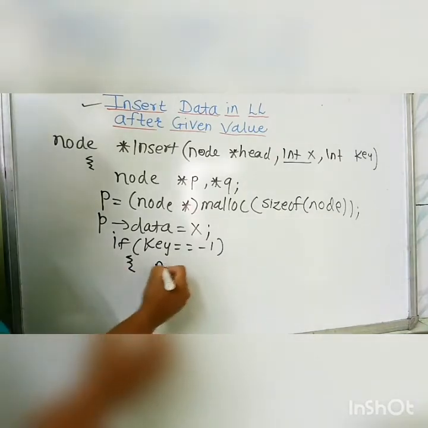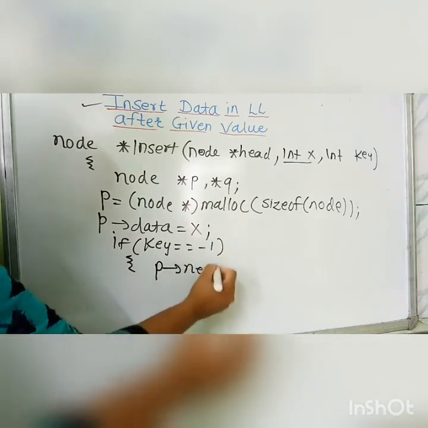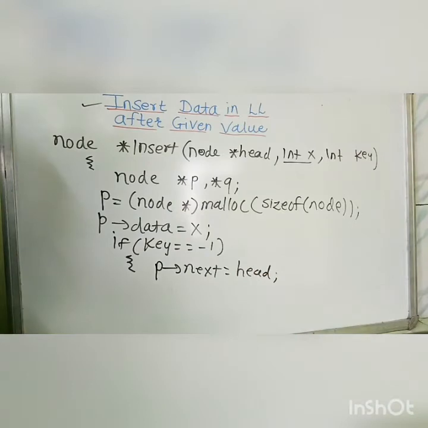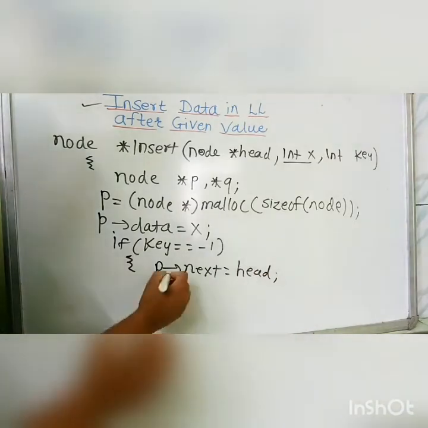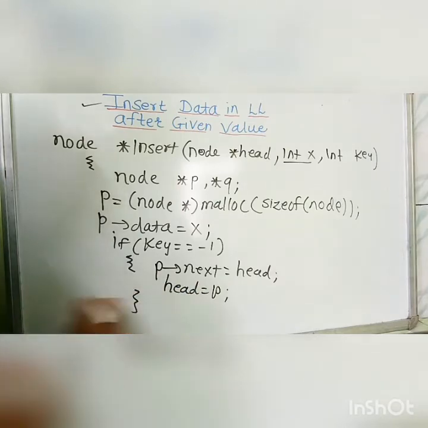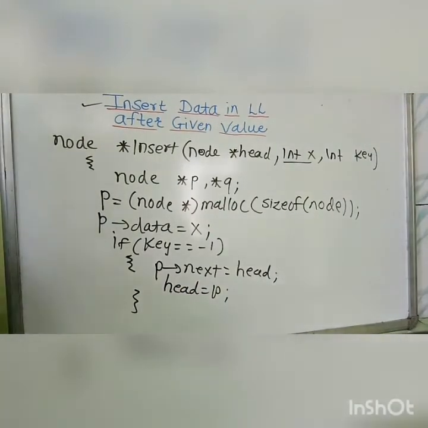In such case we will simply insert the node at the front, that is P pointer next equals head, and shift the head to P, means head equals P.